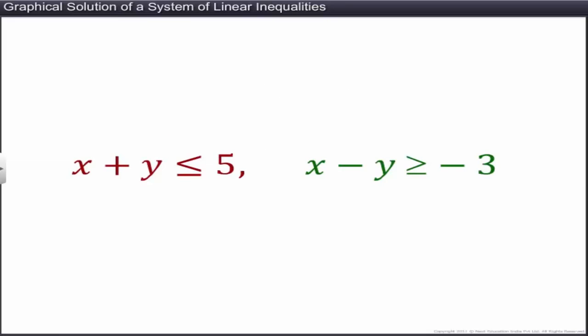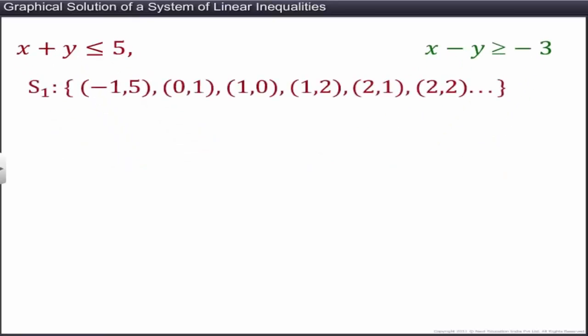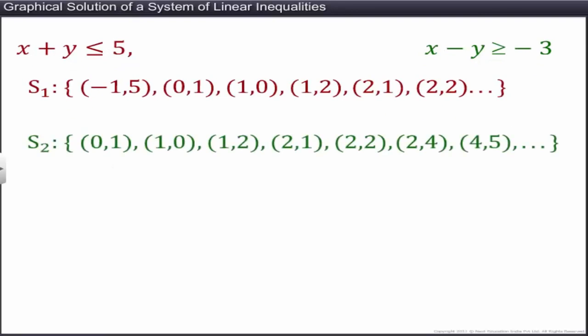Consider the inequalities x plus y less than or equal to 5 and x minus y greater than or equal to minus 3. Let's find the solutions of the inequalities. Here are some of the many possible solutions of the inequalities, shown as ordered pairs.